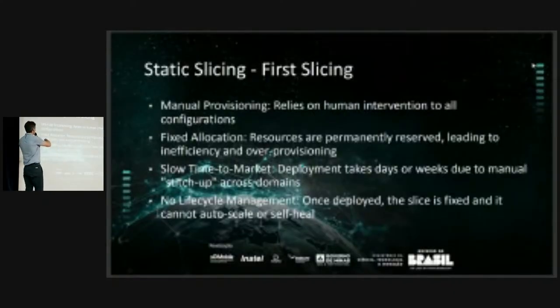For example, manual provisioning, fixed allocations. The life cycle of this slice is fixed. I define the resource allocations, the start and the end use the same resource allocation. It doesn't change.